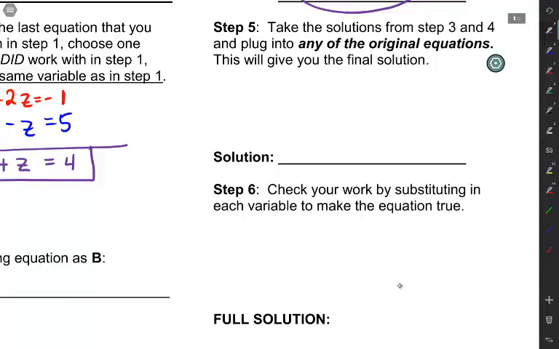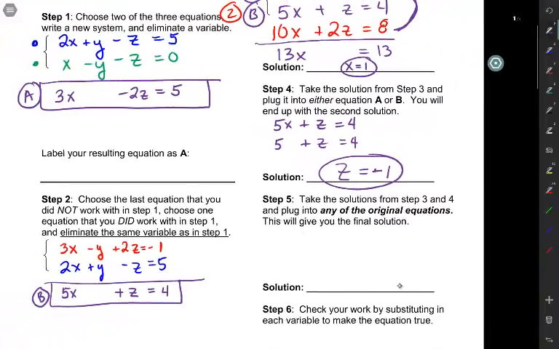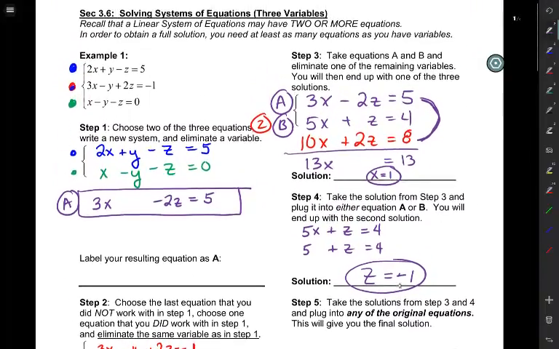All right. So now I have the value of x, and I have the value of z. What value do I need? I need the value of y. So I'm going to go up and use one of the original equations, either red, blue, or green, to find my value. Which looks the easiest to use? The bottom one.